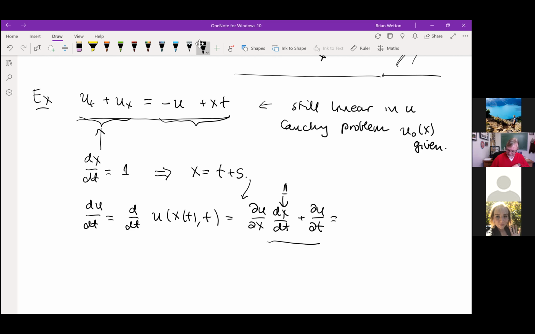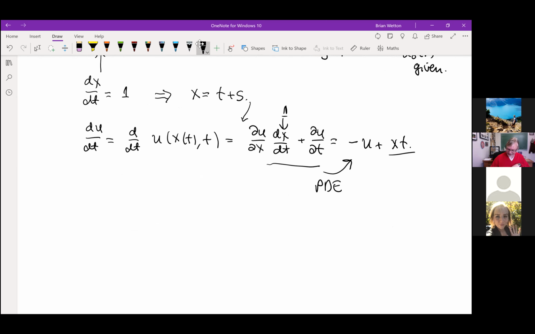And now I can use the PDE to say, hey, along the characteristics, the solution isn't constant, but it's something that I can evaluate. Now it's a little bit tricky here, right? This is really a partial derivative with s being held constant, right?